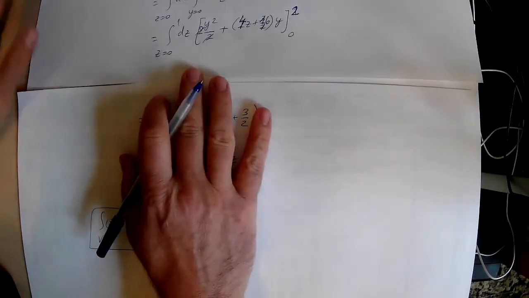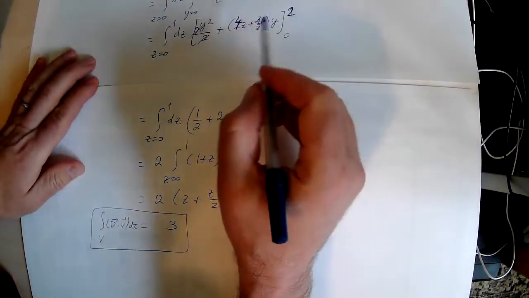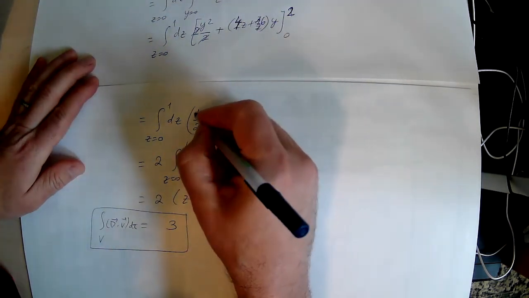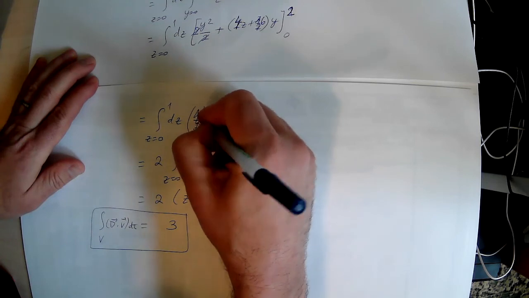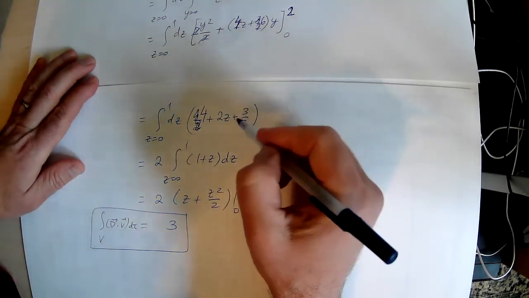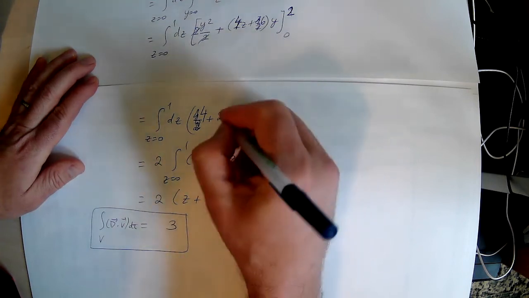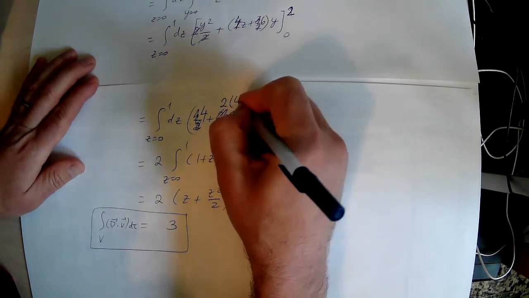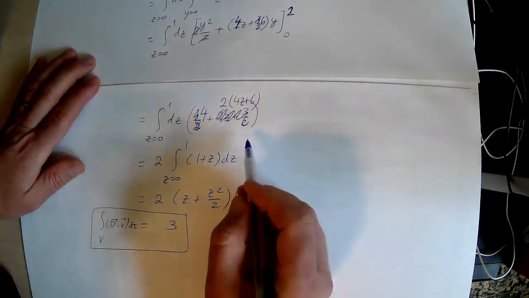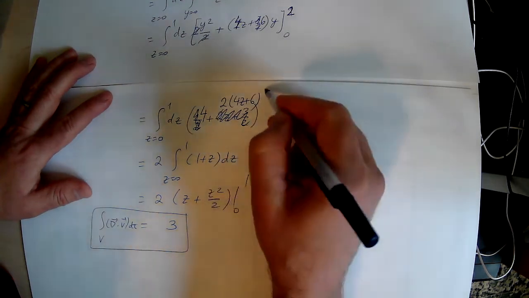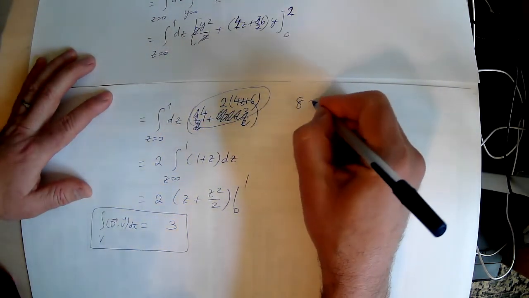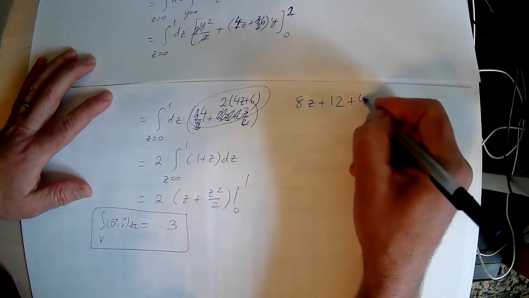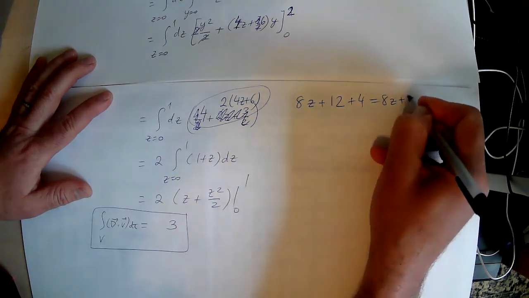Let's move on. This is y squared, 2 squared is 4 rather than 1/2 here, so I'm going to get 4. Then I have 4z plus 6 times y, so this entire thing will be 2 times 4z plus 6. So what do we have here in total? 8z plus 12 plus 4. So it's 8z plus 16.